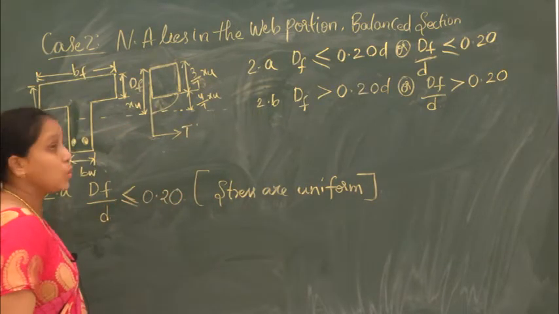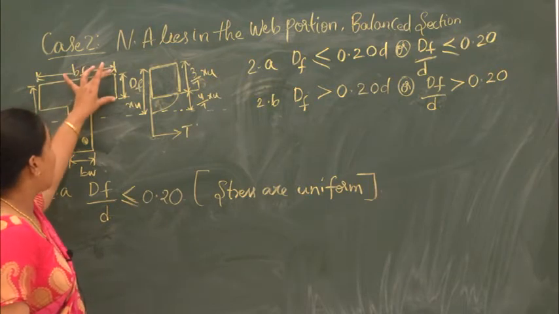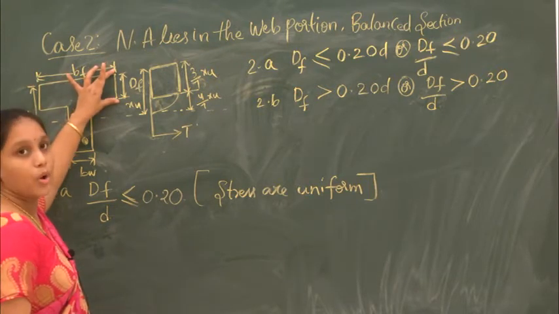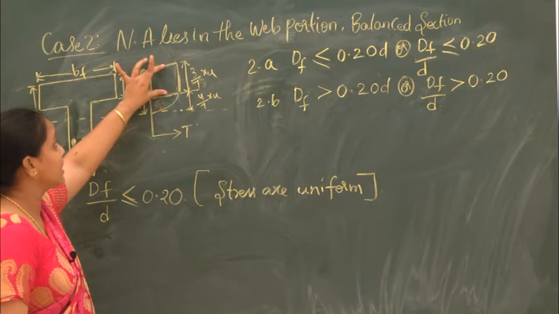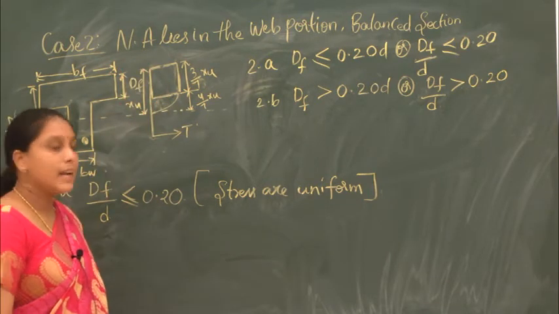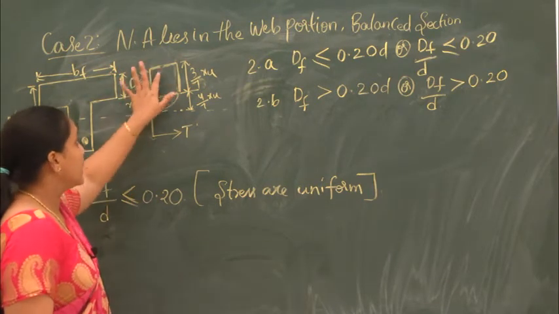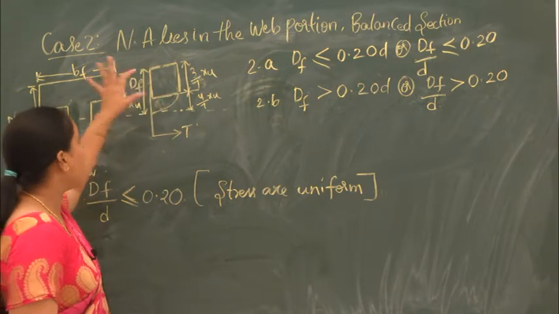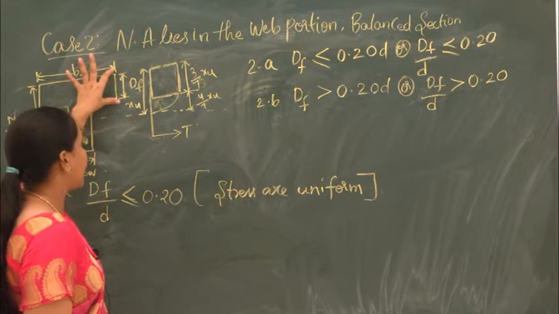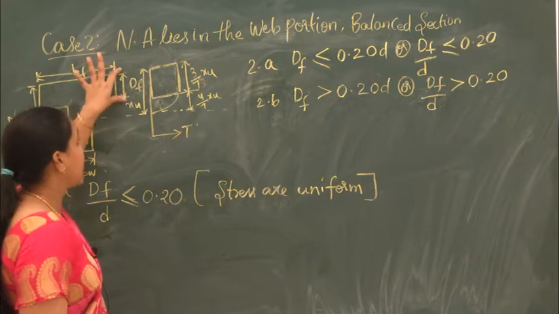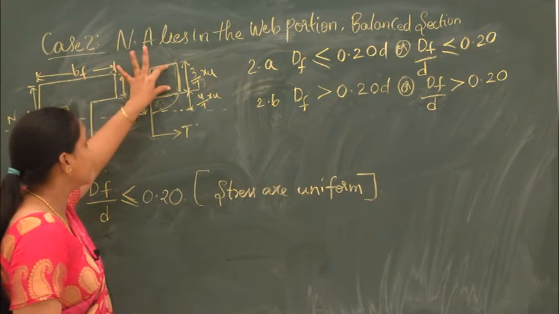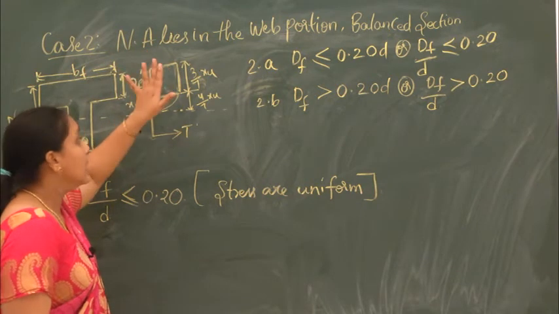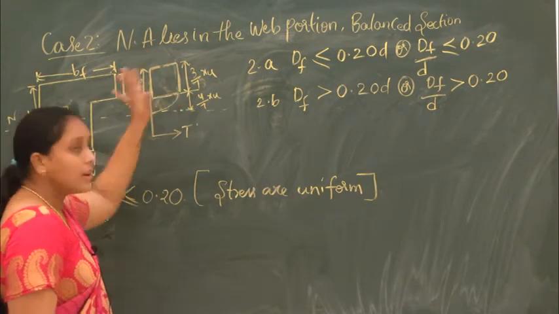Why are the stresses uniform? Because in this flange part, all the stresses are within this rectangular portion only. So in this rectangular portion all the stresses are uniform. As df by d, or the depth of the flange, is within this rectangular portion, the stresses are uniform here.